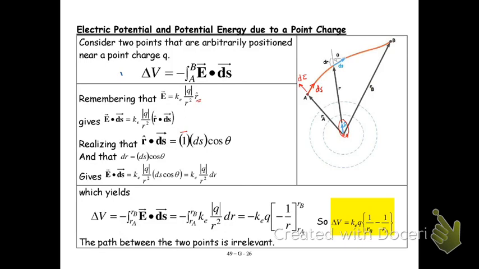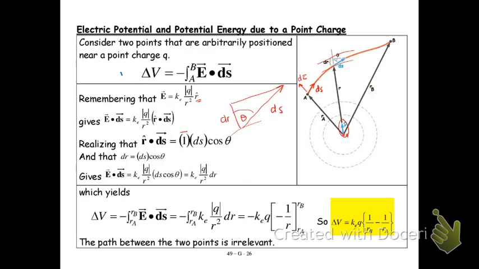But then I come over here and I do a little bit of an insight. I have ds, I have the little change in my distance from the charge, and I have an angle. And I know that dr equals ds cosine of the angle. So I can substitute that in.